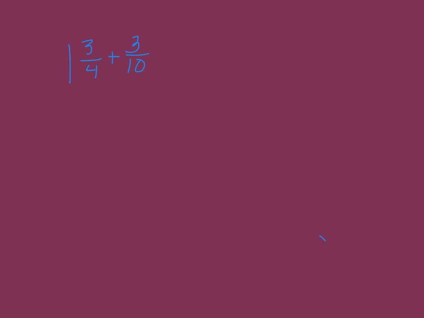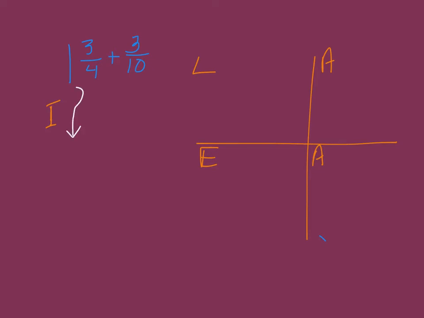1 3/4 plus 3/10. First thing I want is to set up my organizer and my acronym. Improper fractions. In this case, we are actually going to need to find the improper fraction for 1 3/4, because we can't add or subtract.